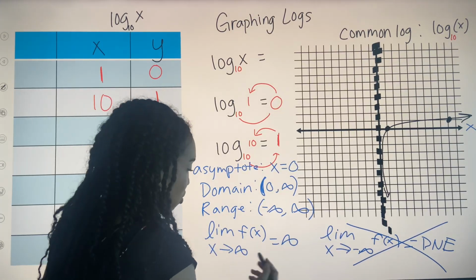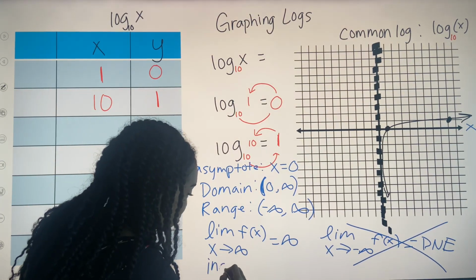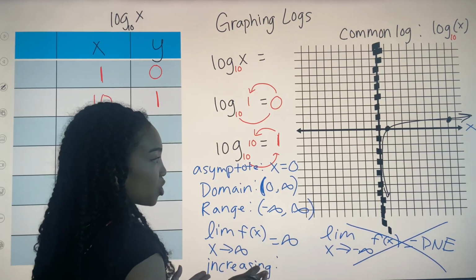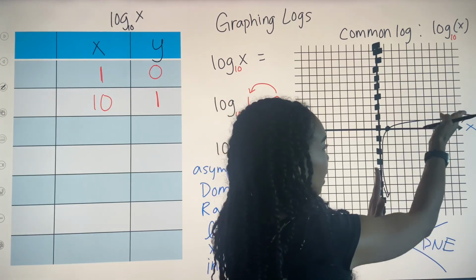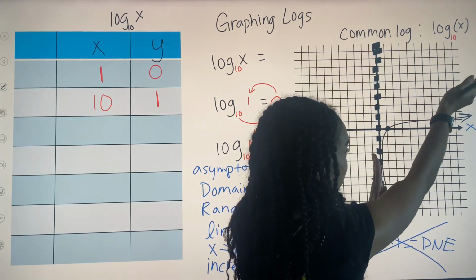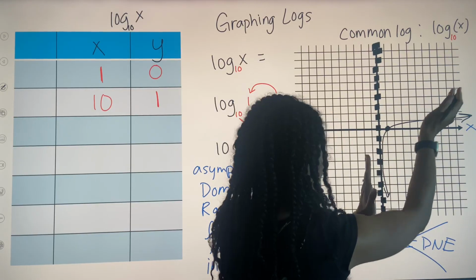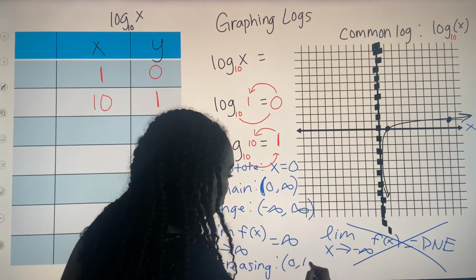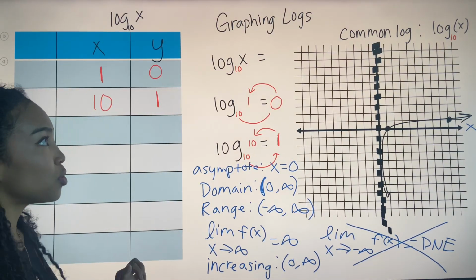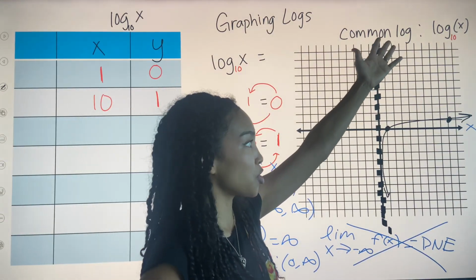Also, if you wanted to talk about increasing and decreasing intervals, this is always increasing. Whenever you give the increasing interval, you're giving me the domain where it's increasing. So it's increasing from here forever, so that's 0 to infinity. So those are some attributes for the common log function, okay?